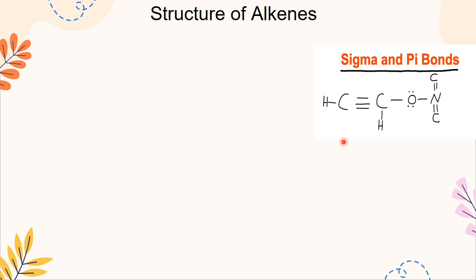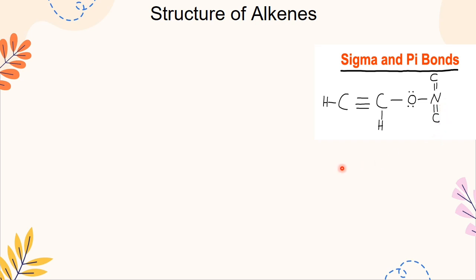Okay, so there are 7 sigma bond in this molecule. Let's count. This is 1, 2, 3, 4, 5. We take one bond here, 6.